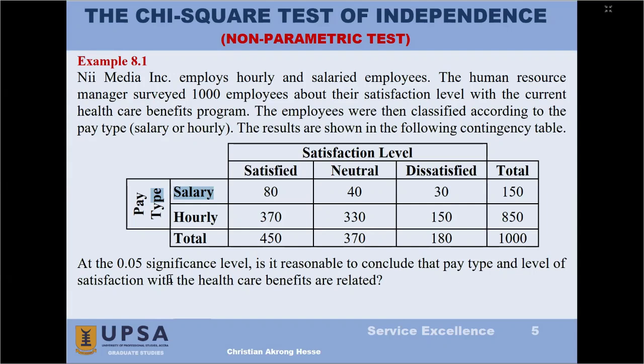So we want to determine whether there's a significant correlation, or association, between pay type and level of satisfaction. That is what we are testing, at the 0.05 level of significance using this contingency table. Have I made myself clear so that we move to the solution?